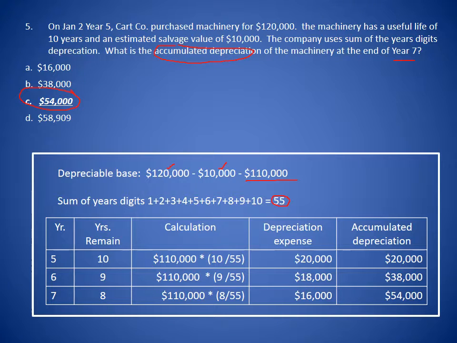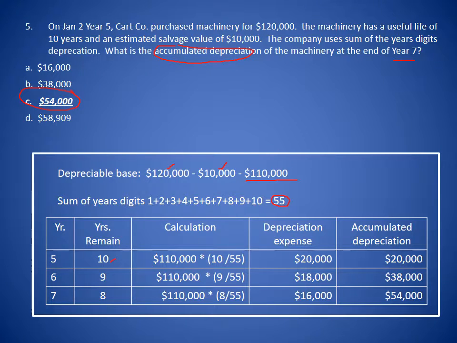Now we're going to do the sum of the year's digits depreciation calculations starting in year number 5, not year 5 of the asset life, but in year, let's say, 2005. So in year 5 we have 10 years remaining.